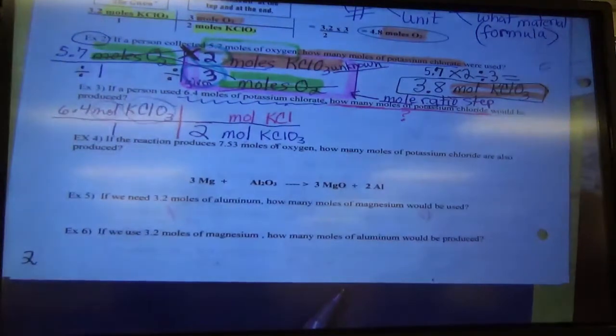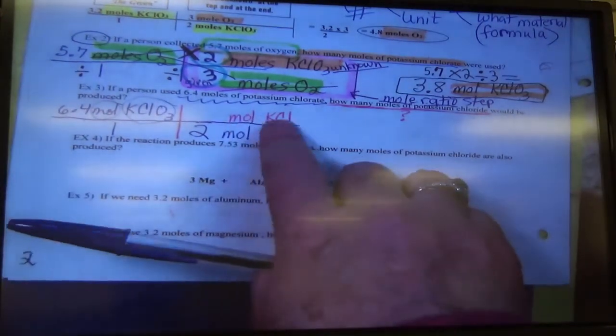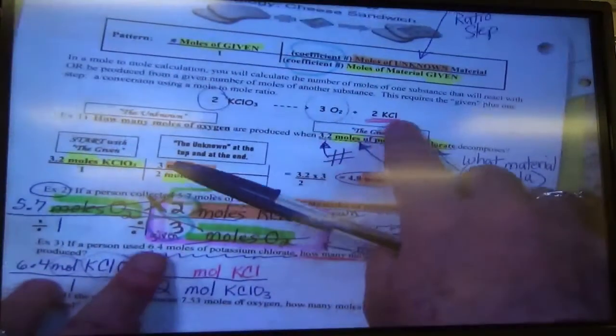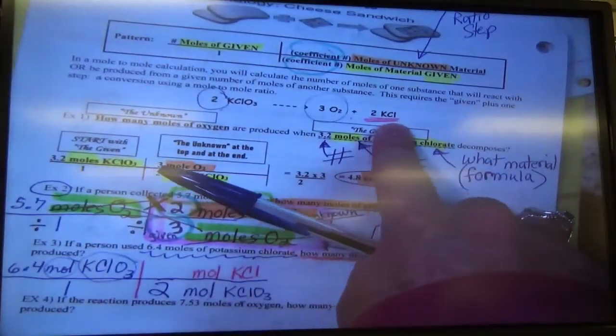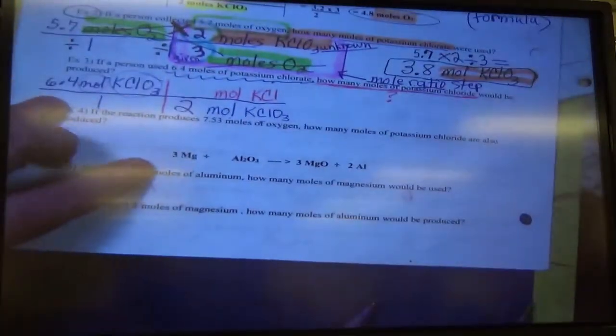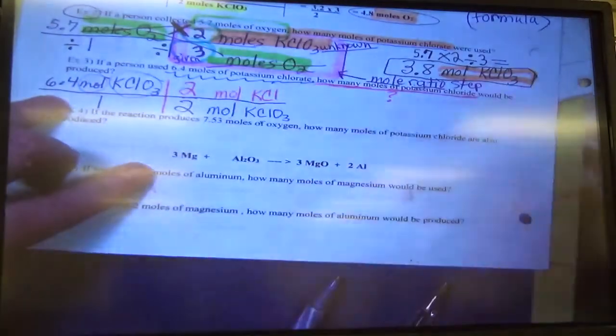So that is why I'm putting a 2 at the bottom. Now, moles potassium chloride. Go back to the equation. Here's KCl. What number is it? It's a 2 again. Okay, it is what it is. KCl is a 2. That's what we see. That's what we have to write.